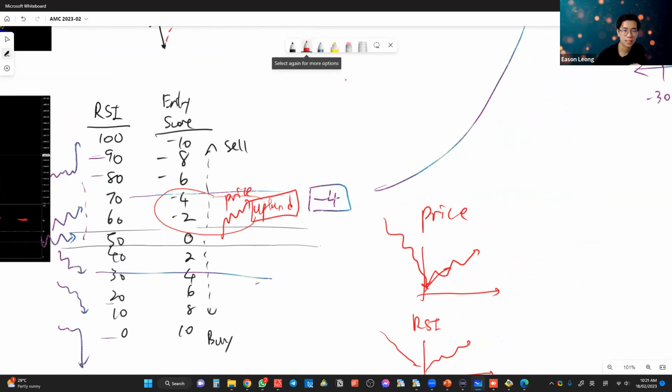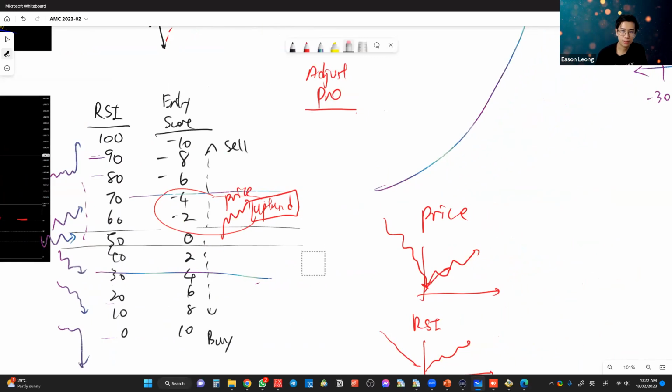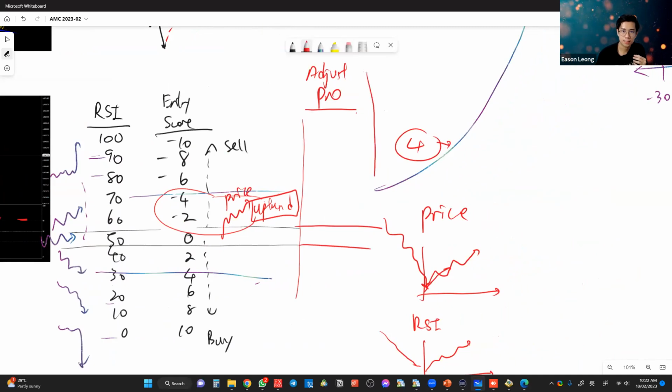Now, just to share with you some of my students' adjustments. The adjustment the student is making is to solve the problem whereby the market is slowly uptrending. Same thing at center 0, 0 is 0.